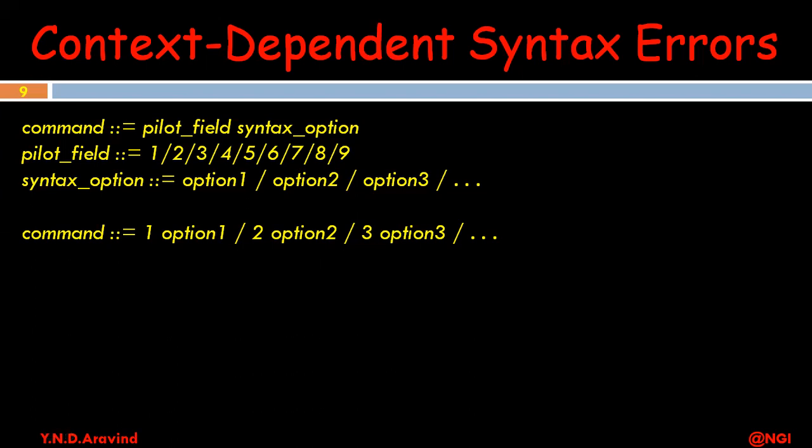But that is not always easy to do. So here, the test cases we use are clearly invalid combinations of systematically valid field values and systematically valid options. See here, pilot field syntax option. So this is pilot syntax option.